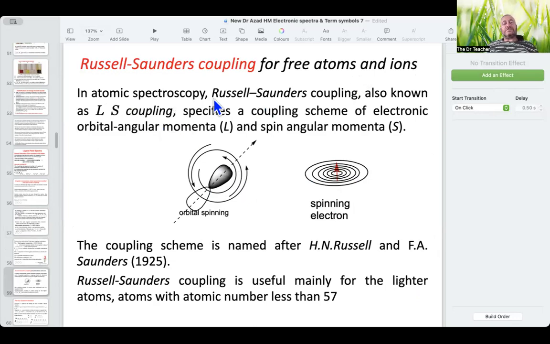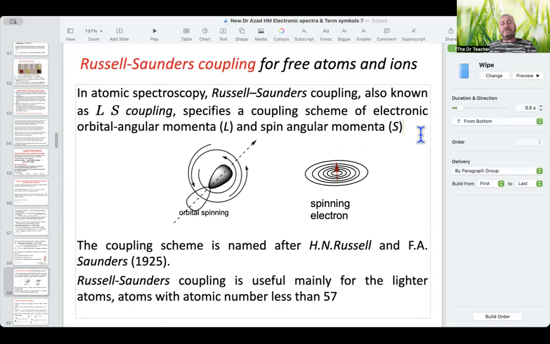In atomic spectroscopy, this coupling is also known as LS coupling, because it is orbital spin coupling. It is a specific coupling scheme of electronic orbital angular momentum and the spin angular momentum.